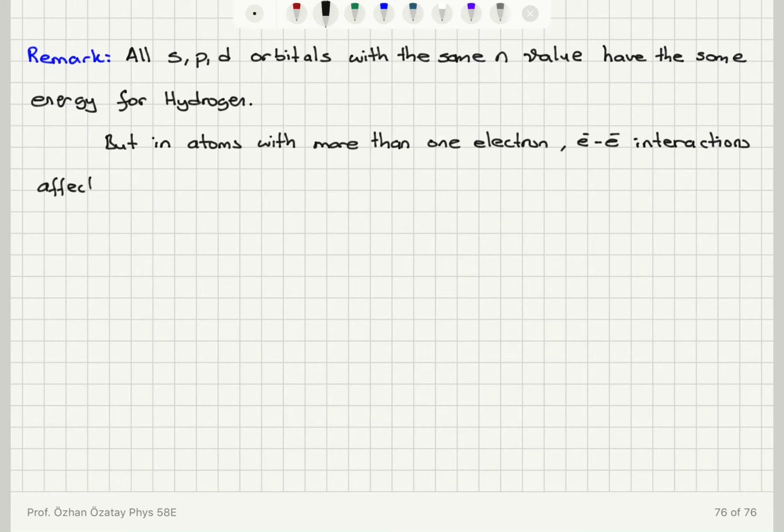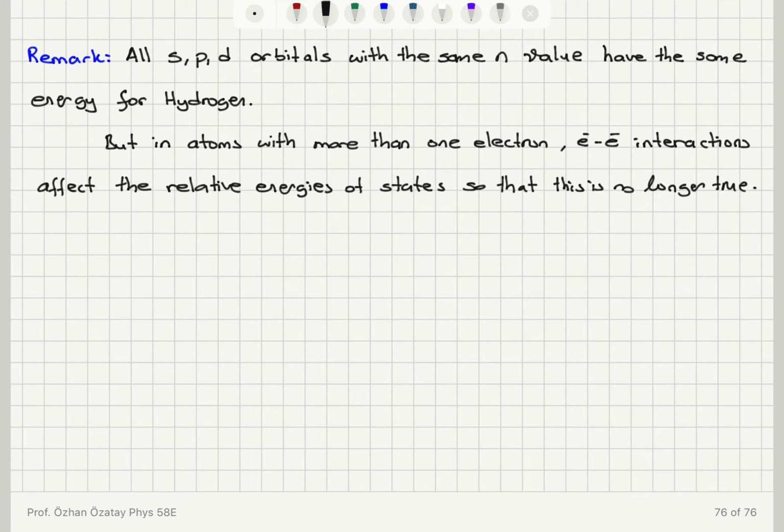These interactions will affect the relative energies of states, so that this statement about the principal quantum number giving us the same energy is no longer true.